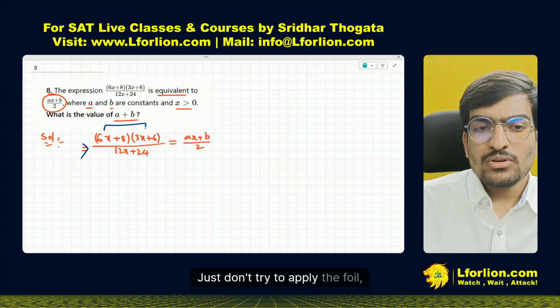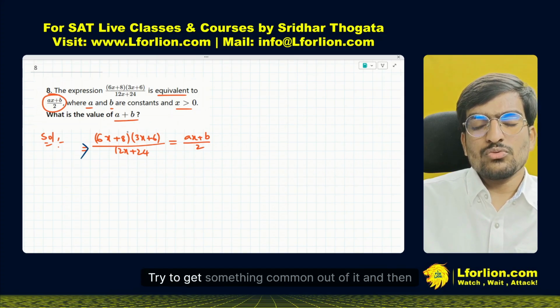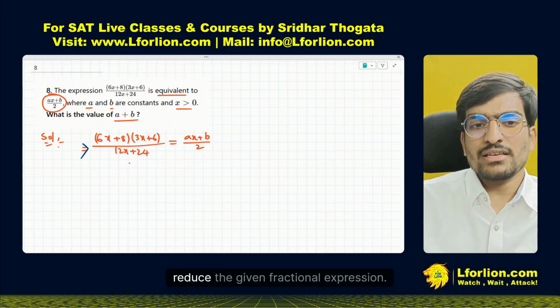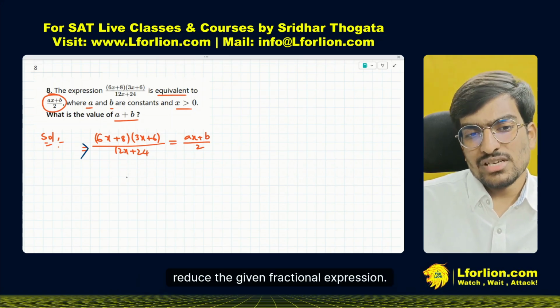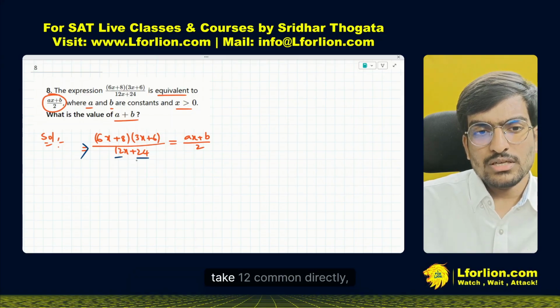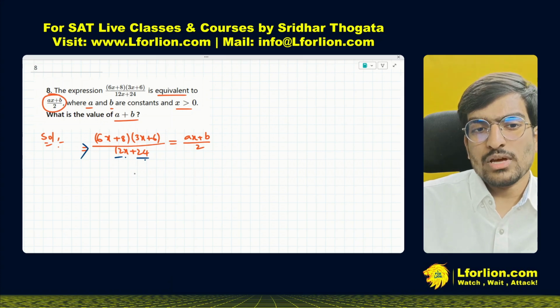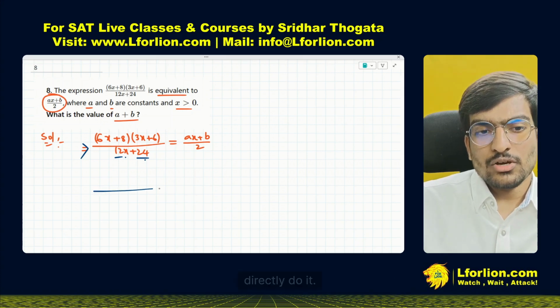So how can we do that? Just don't try to apply the FOIL. It's going to be time consuming. Try to get something common out of it and then reduce the given fractional expression. In the denominator, we can take 12 common directly, then it turns into 12 times x plus 2.